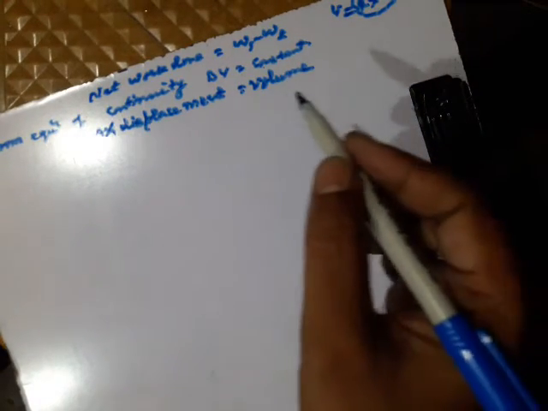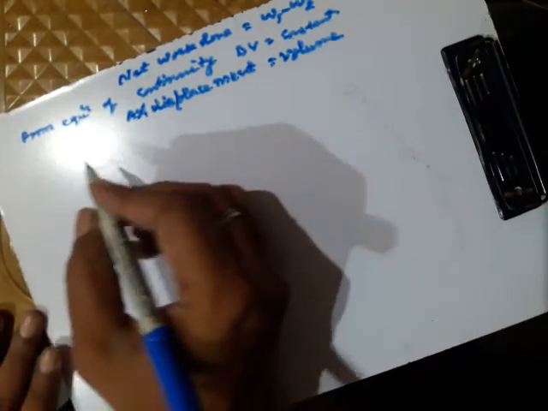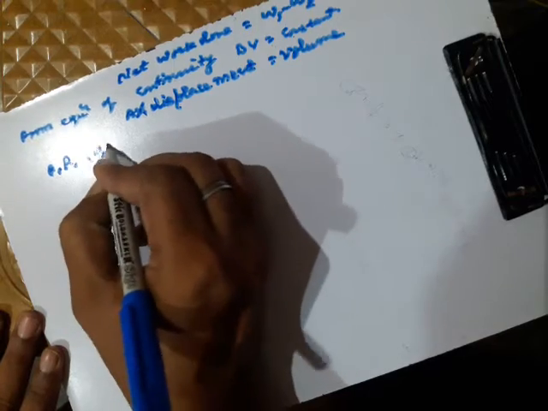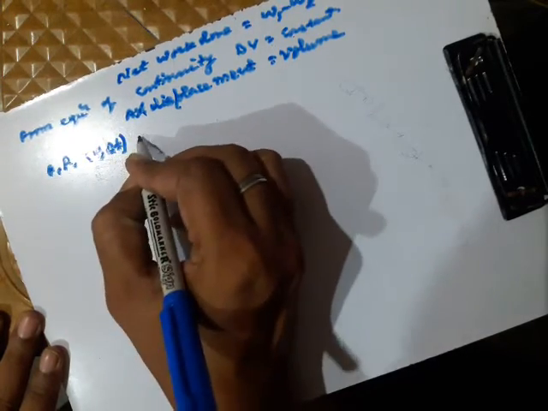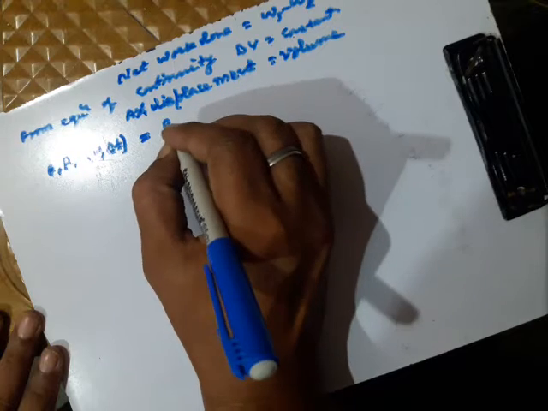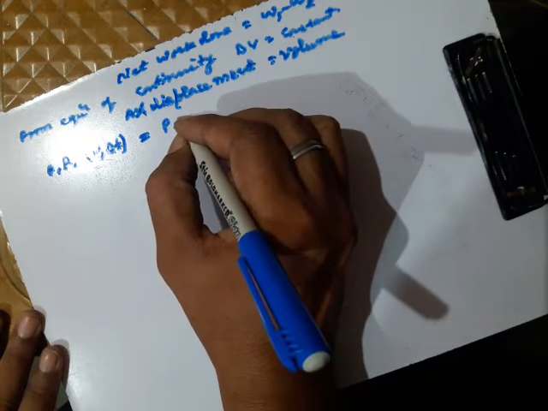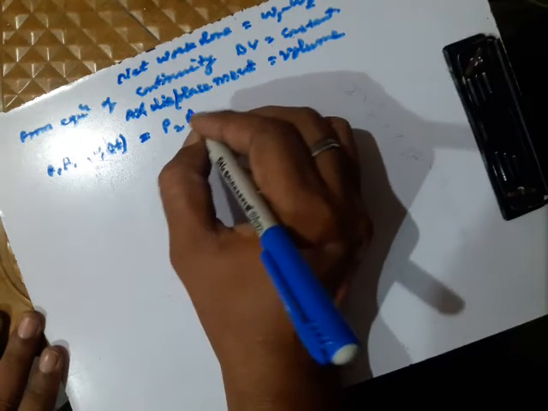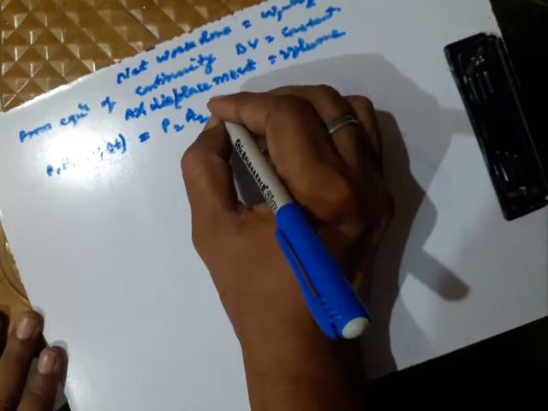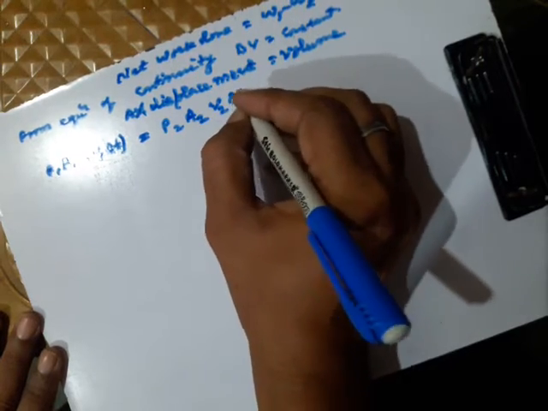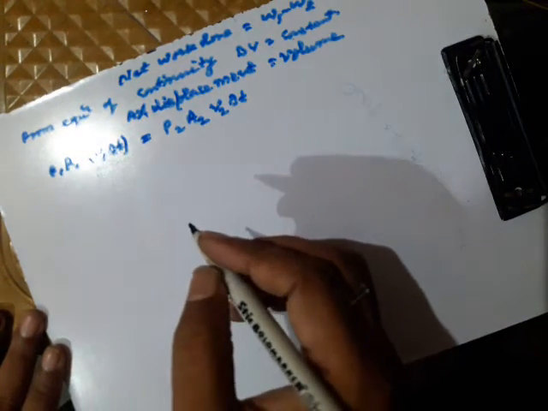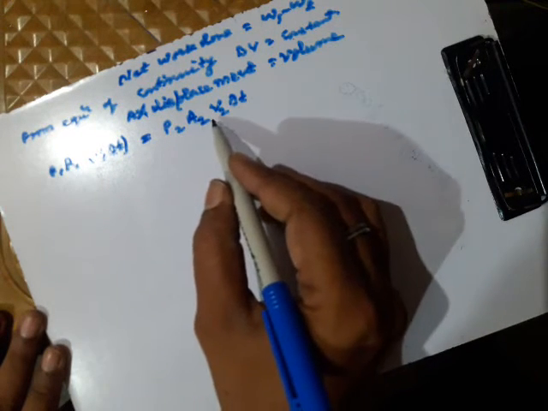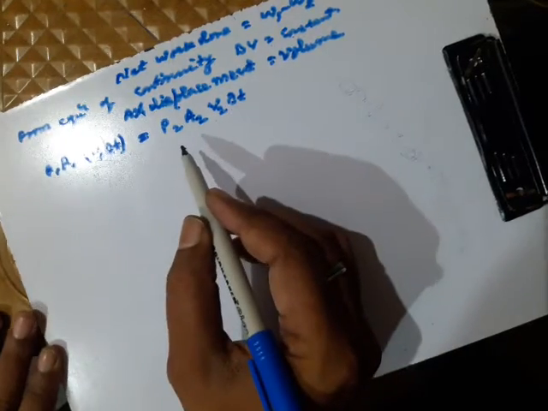And here now P1 A1 v1 delta t, and P2 A2 v2 delta t.